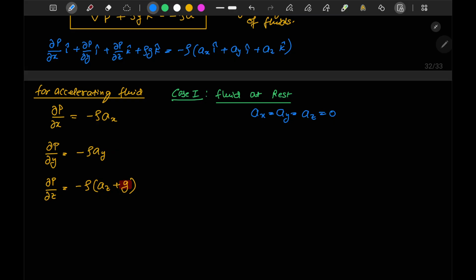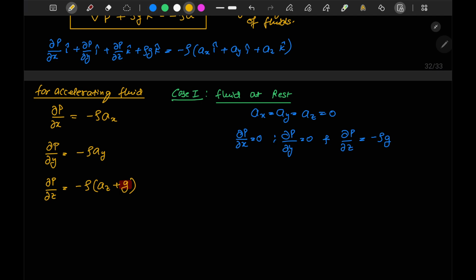Okay, so what will your equation become? Your equation becomes del p by del x is equal to 0, del p by del y is equal to 0, and del p by del z, from here we will see, becomes minus rho g.